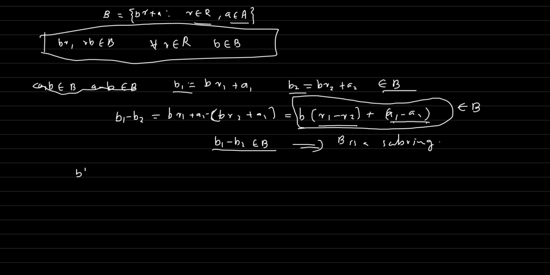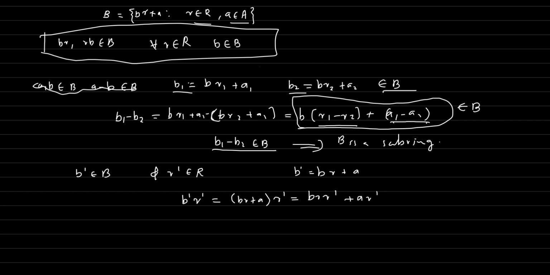Consider b dash in B and r dash in R. b dash belongs to B, therefore b dash will be in this form br plus a. Now consider b dash r dash, which is equal to br plus a times r dash, and this is equal to brr dash plus ar dash.